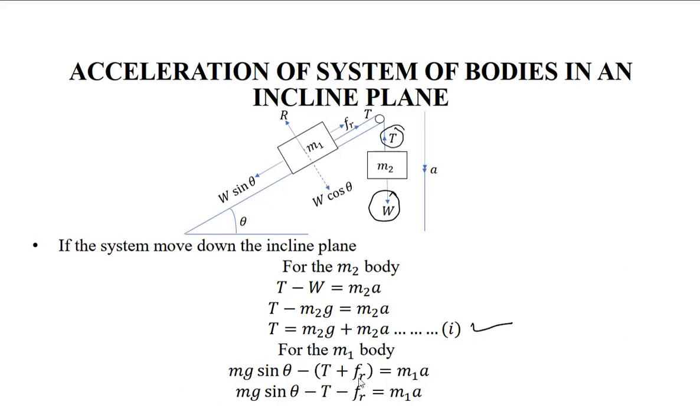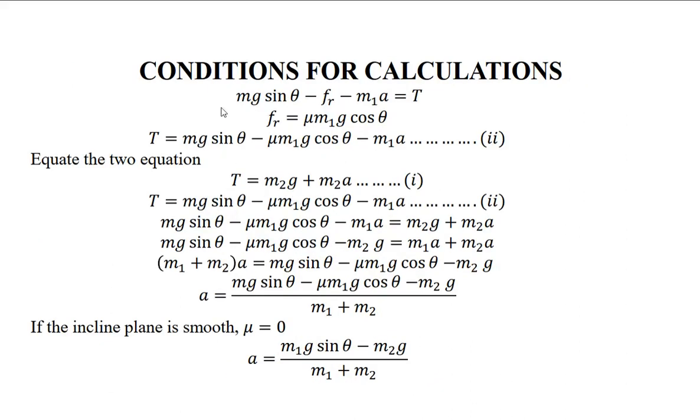Now, since the system is moving down, the force parallel to the plane, W sine theta, is greater than the frictional force that opposes the motion and the tension. So we will have Mg sine theta minus T plus frictional force equals M1A.